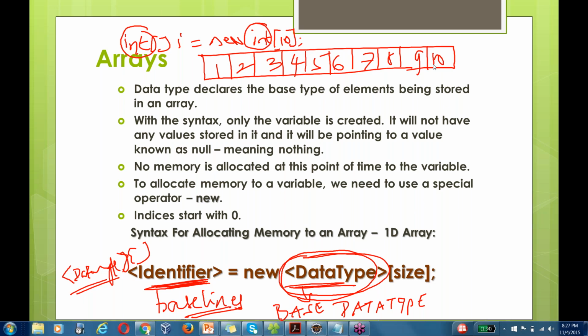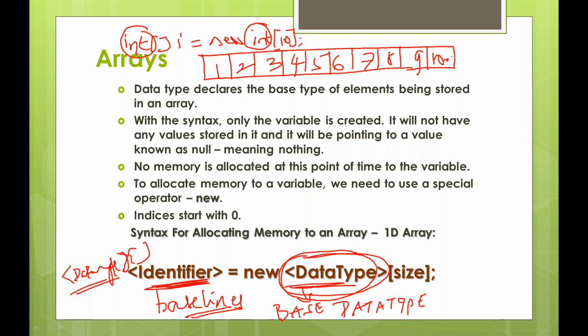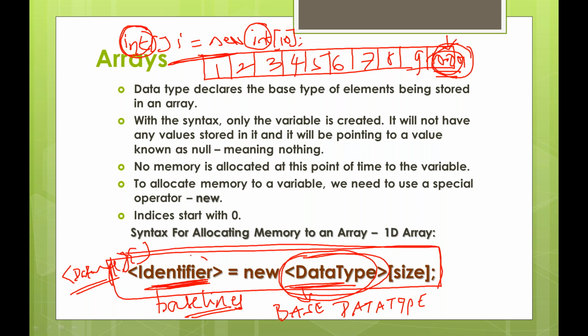For example, if I want to store 10.0.1001, let us see what happens if we try. In such scenarios, you cannot store it. You can only store the particular type that you specified while declaring your variable. So this is how you allocate memory to an array identified by your identifier.